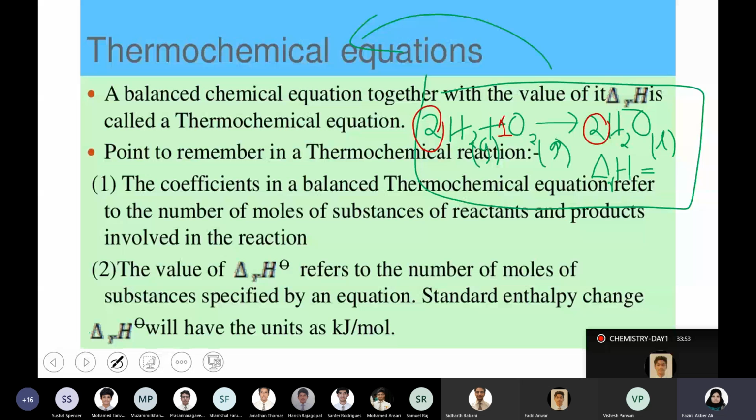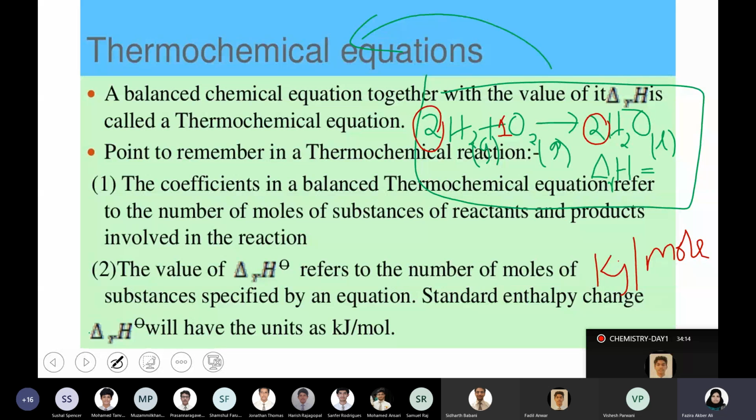Secondly, the delta H, that is the enthalpy of reaction, will be specified. If it is standard, then it will be in kilojoule per mole. If it is non-standard, then we write kilojoule. Standard means we are taking 1 mole of a reactant or preparing 1 mole of a product, so it is specified per 1 mole.